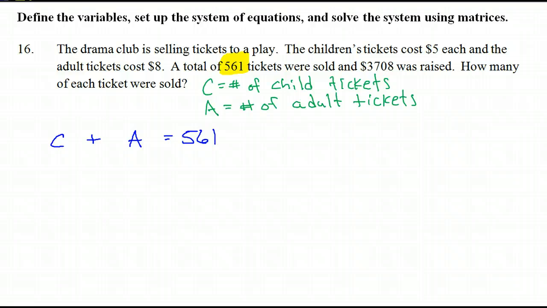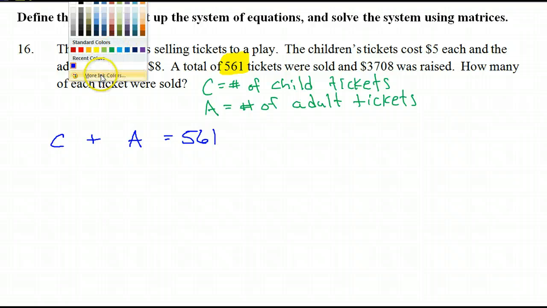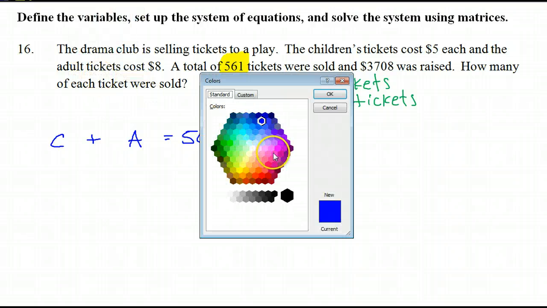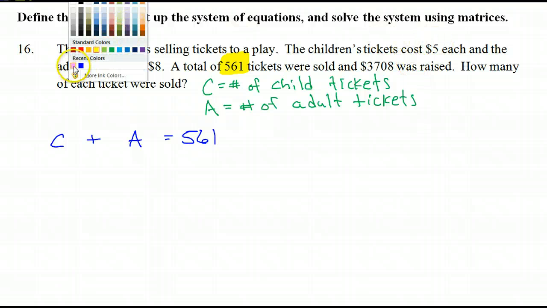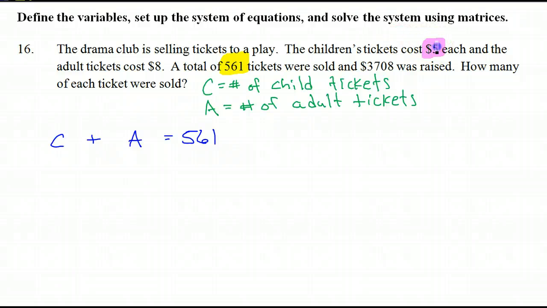All right. Then the other equation is the money equation. We've got $5 for each child ticket, $8 for each adult ticket, total of $3,708.